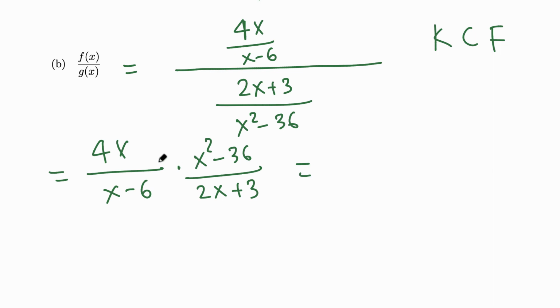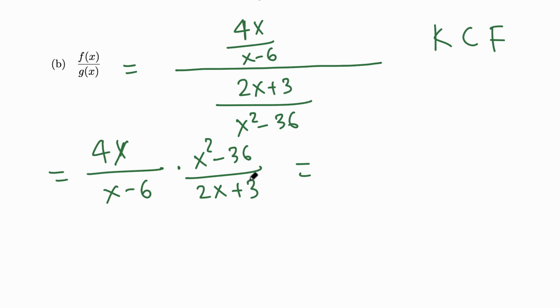So multiply means we just multiply the tops and multiply the bottoms. Sometimes there might be common factors, then we cancel them. We already knew x squared minus 36 factors as x plus 6 times x minus 6, and we have x minus 6 here, so there is cancellation.